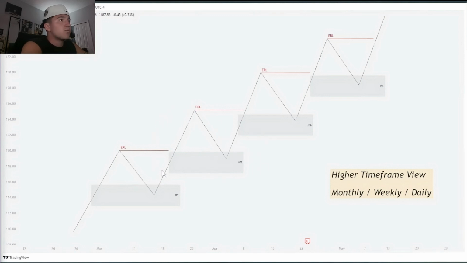So this is what we're going to be monitoring and how I view it and how I capitalize on price inside of here. Because when we have the retracement down into this higher time frame key level, what's happening on the intermediate term perspective is a market maker buy model is forming to then draw into the external range high, the original consolidation here, which would be the completion of a market maker buy model on an intermediate term perspective.